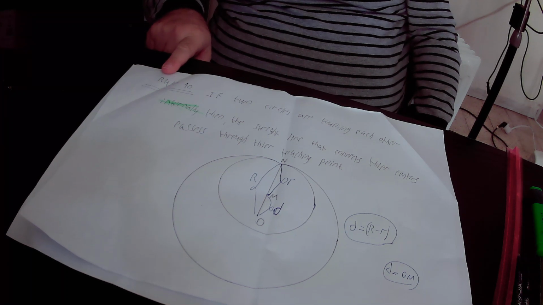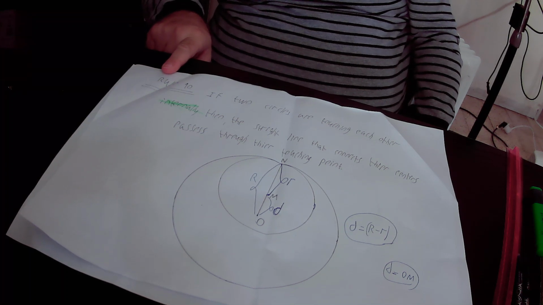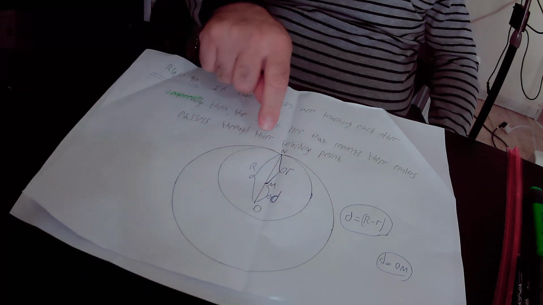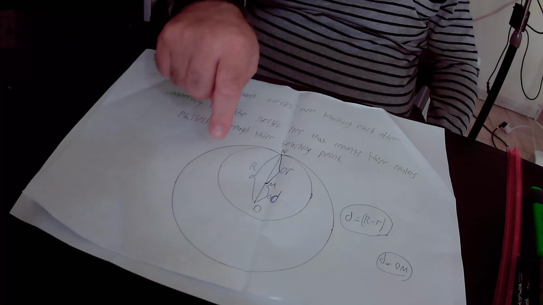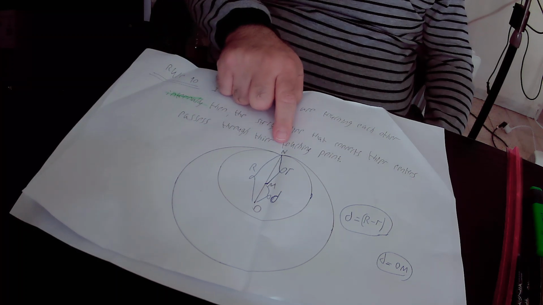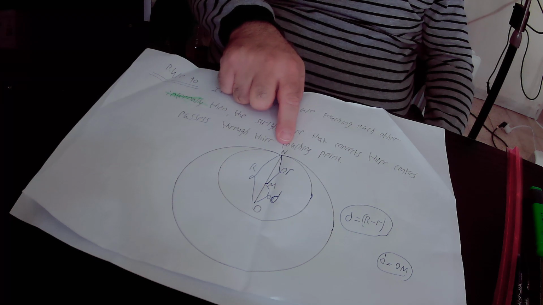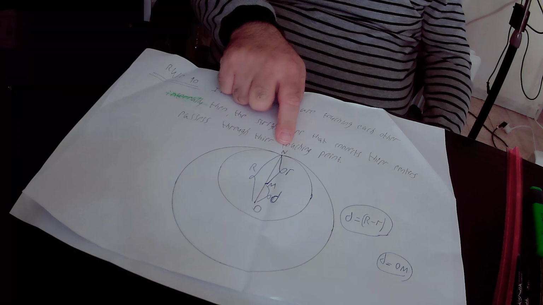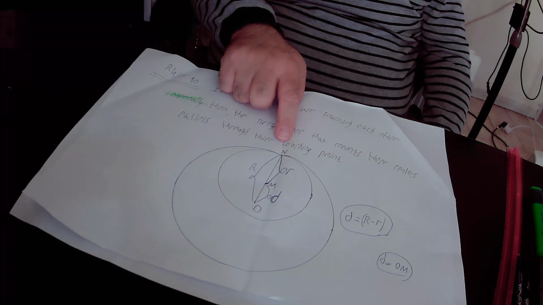if two circles are touching each other internally, here in this drawing, the small circle is inside the big circle and it touches the big circle at point N. Point N is the touching point, the point of tangency of the two circles.